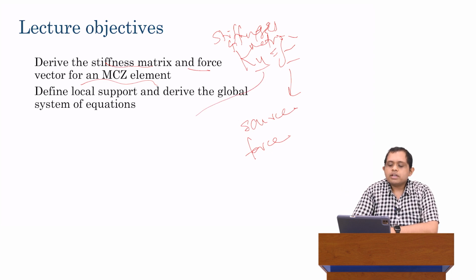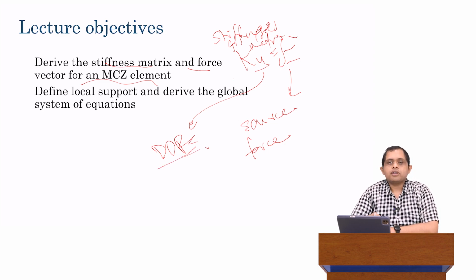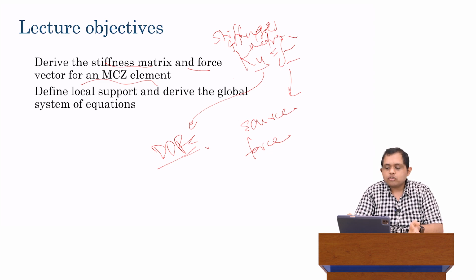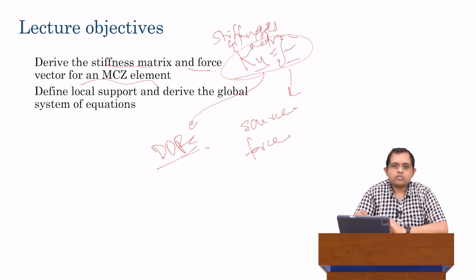And U is the vector of the degrees of freedom, which is what we're trying to solve. So ultimately, in the finite element method, we go from a differential equation, or even a system of differential equations, into a very large system of algebraic equations of the form Ku = F, which we then give to a computer to solve, because solving millions of equations is not something you want to do by hand.